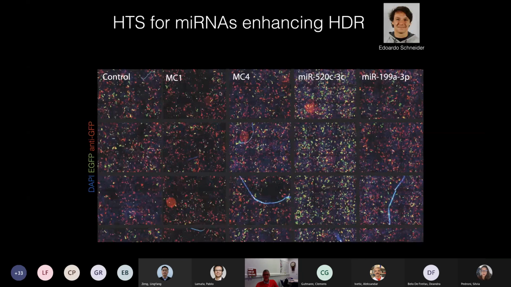And this is how the screen looks. This screen was for microRNAs, and this is a control microRNA, and this is a microRNA that was positive. Efficiency of transfection is identical in all conditions, but here you also see many more green cells, which is the product of homologous recombination.